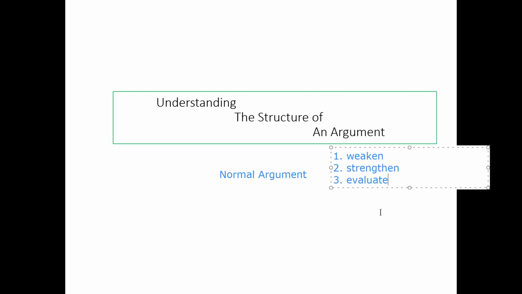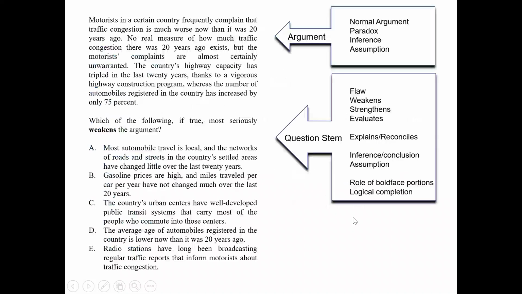These are the 3 types of questions you encounter below a normal argument. So let us take some questions and make you understand what is a normal argument. Can you please read this information and tell me what are the premise and conclusion? Don't go to the options given. Okay.